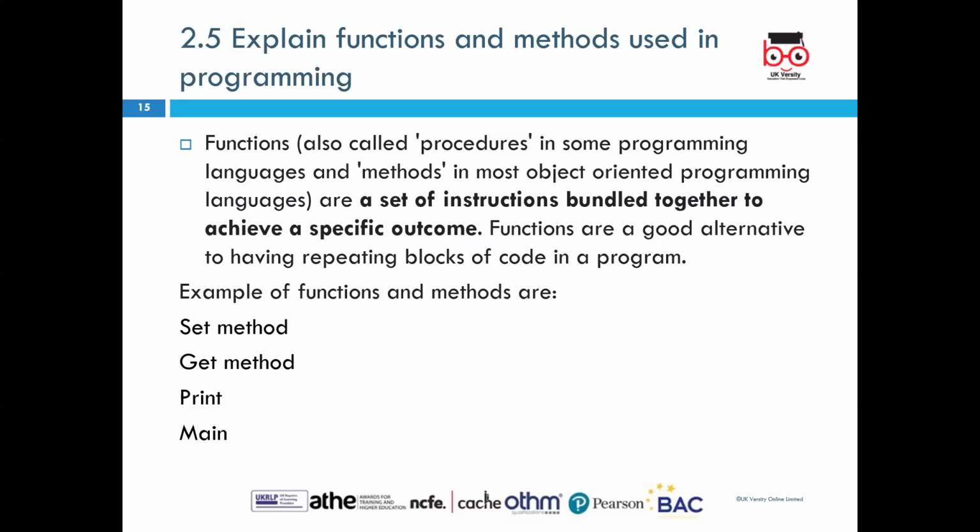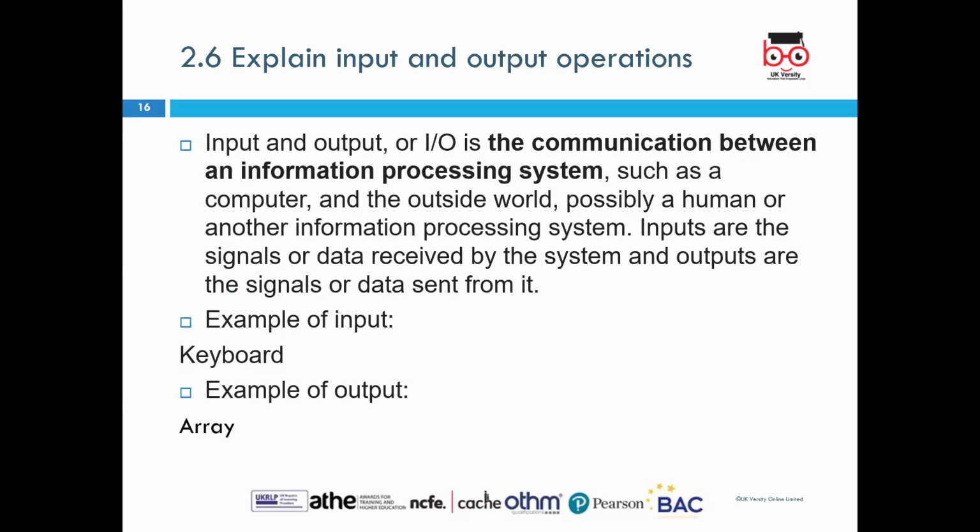So we create a function for our program to do a specific task. Functions are also called procedures in some programming languages, and methods are used in most object-oriented programming languages. As I said, these are a set of instructions bonded together to achieve a specific outcome.